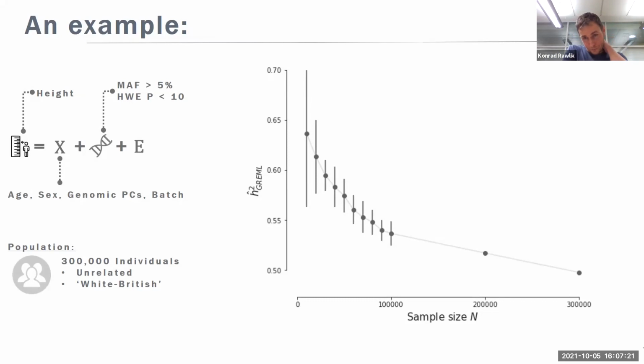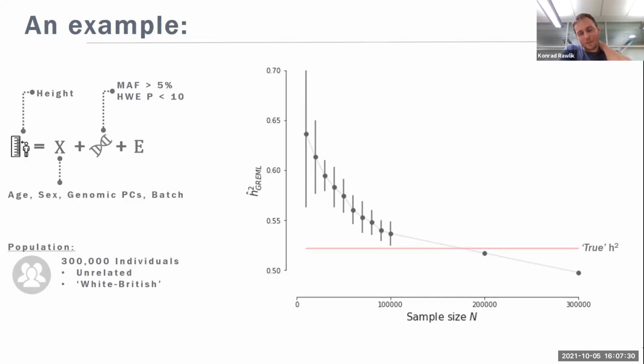Unfortunately, the true heritability for this trait with these SNPs that are in the model is about here. So asymptotically, it's not really doing the right thing either. But still, you might not think this is particularly bothersome.